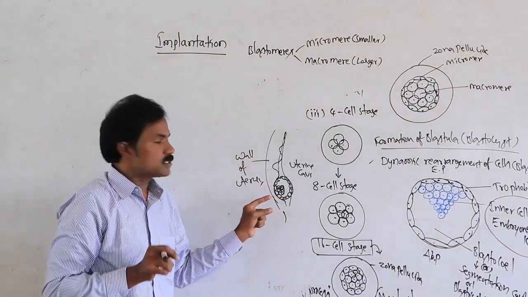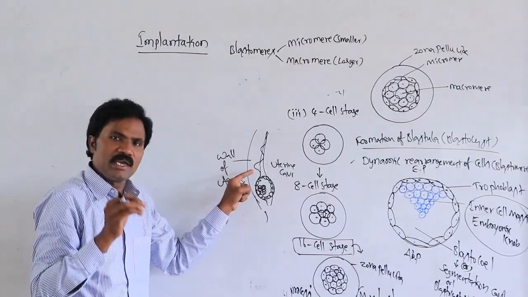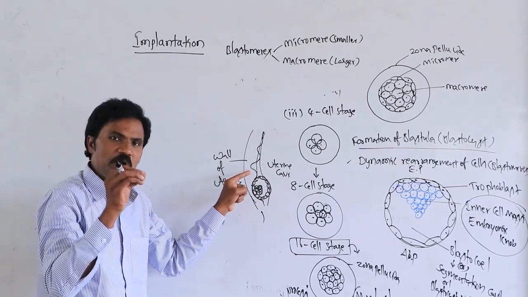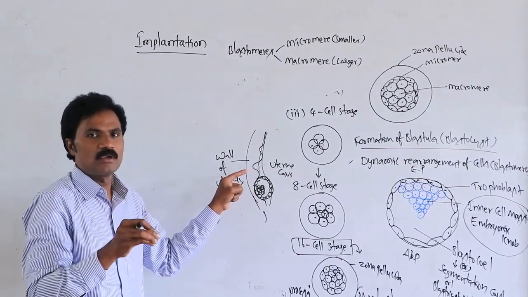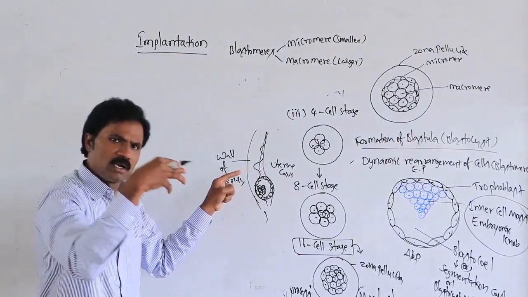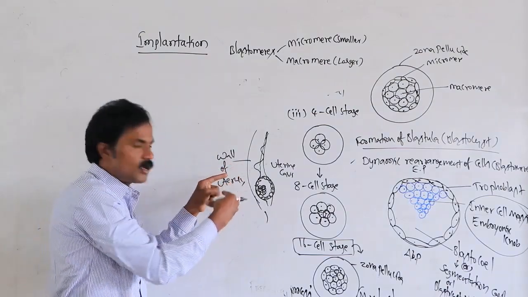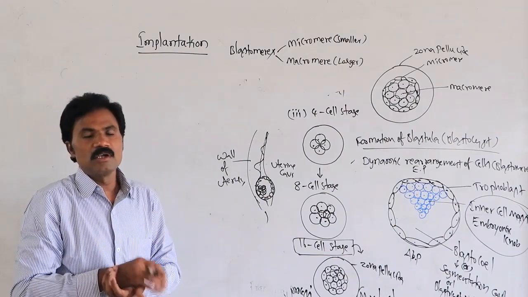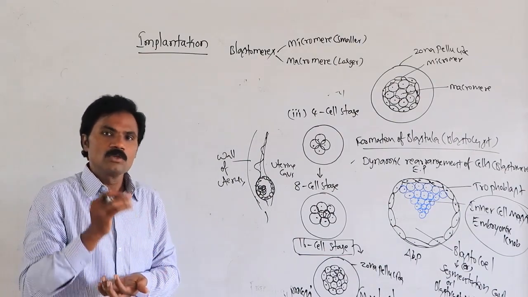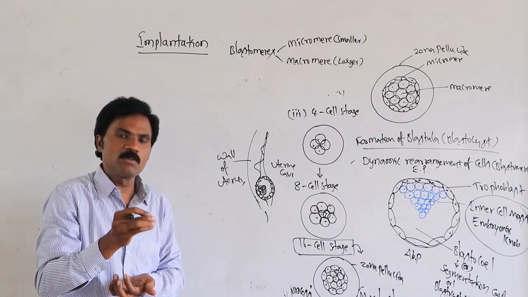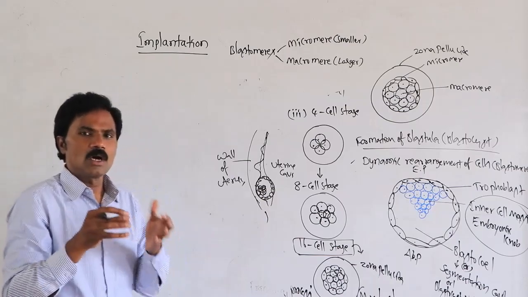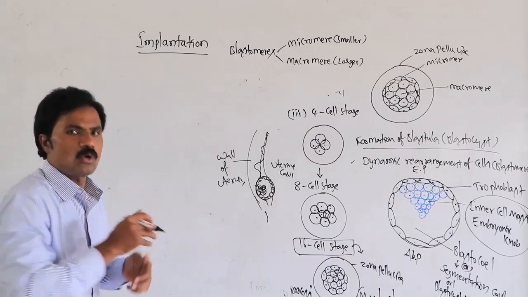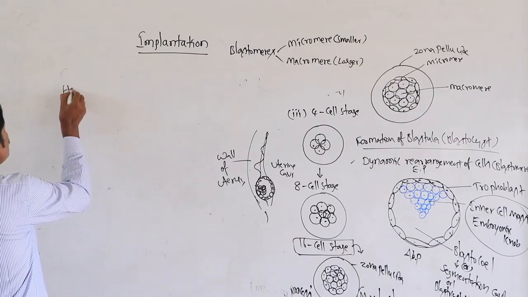The blastocyst is completely embedded in the endometrium wall of the uterus, not on the superior part, completely inserted into the wall. That is what we call interstitial implantation. Now, which type of hormones control the implantation? Hormones.